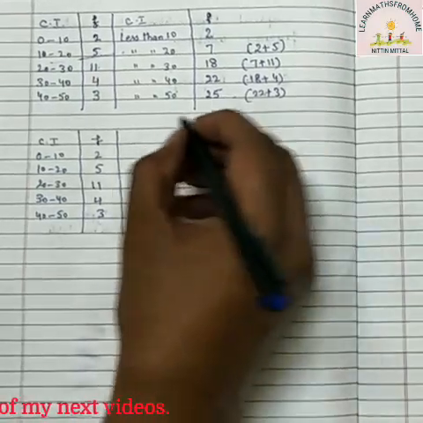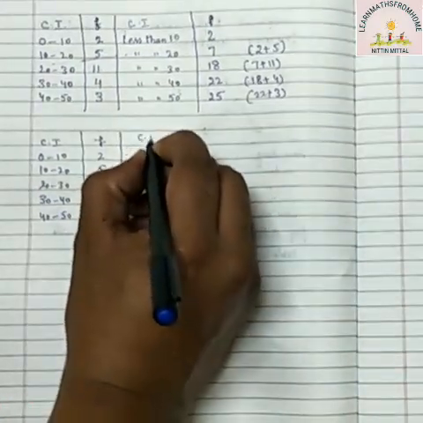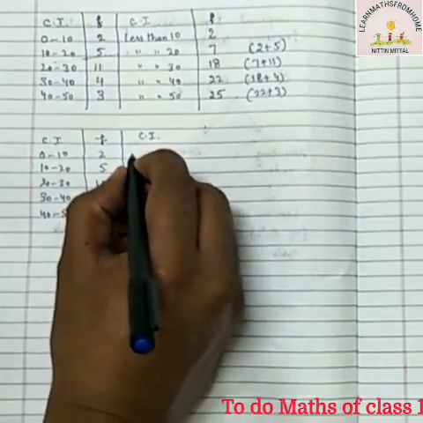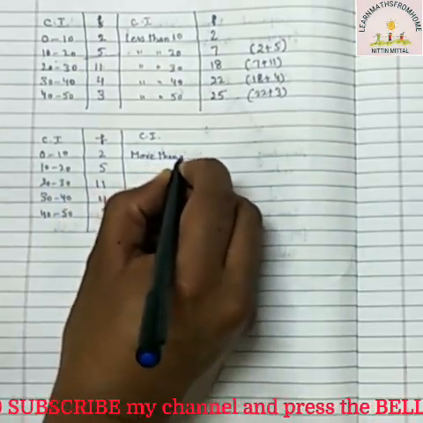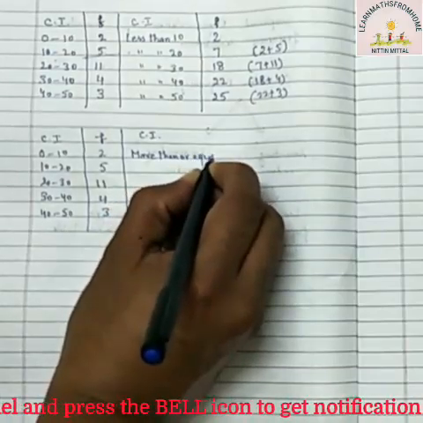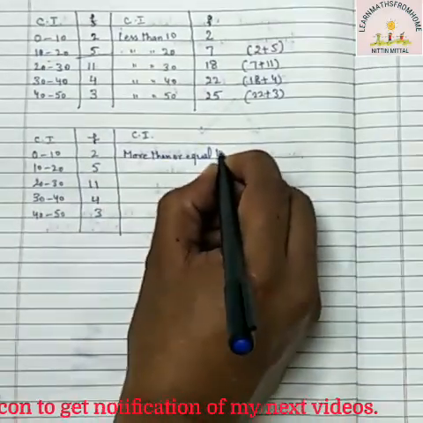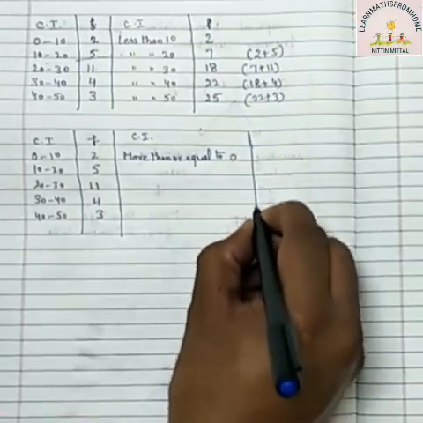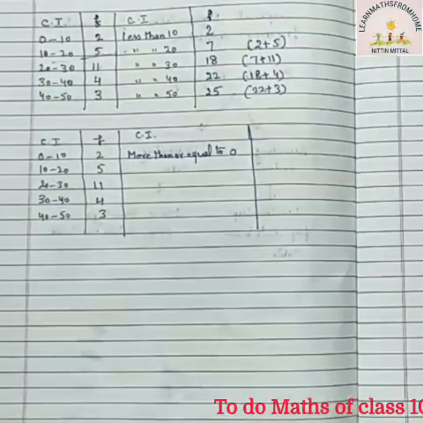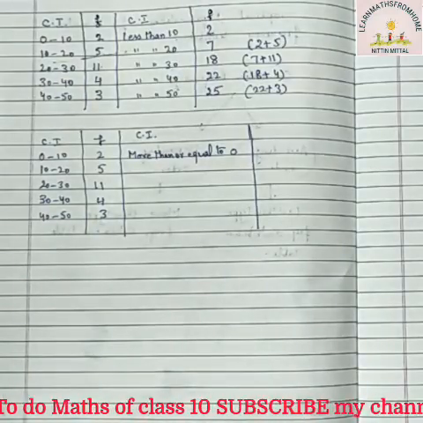So students, the first heading will remain the same, that is class interval. So we will write here more than or equal to 0. This is just the opposite of the less than type.